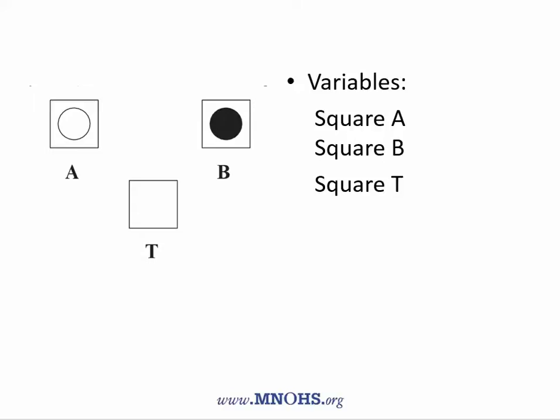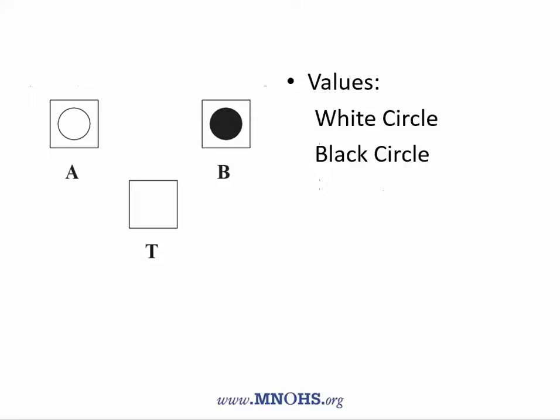We can call them square A, B, and square T. Basically, these are our locations, and we're going to put different things in there. The items that are being stored are the values. So we have the values of a white circle and a black circle.